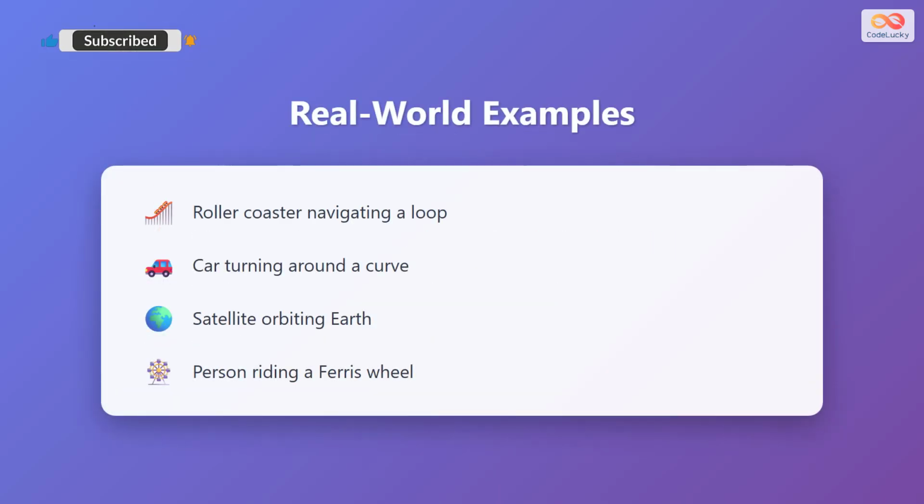Centripetal acceleration appears in many real-world situations. When a roller coaster navigates a loop, riders experience centripetal acceleration directed toward the center of the loop. When a car turns around a curve, the friction between the tires and road provides the centripetal force that creates the acceleration toward the center of the curve.